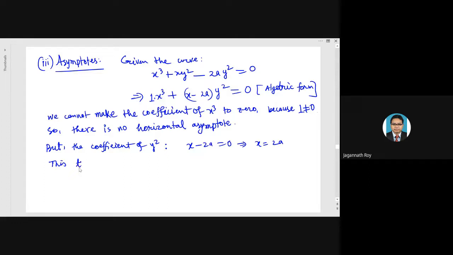This tells that x equals 2a is a vertical asymptote, and we do not have any inclined asymptote.